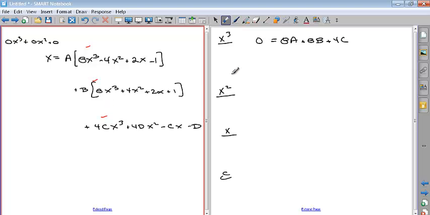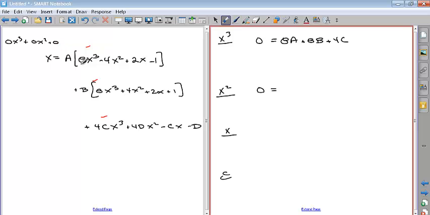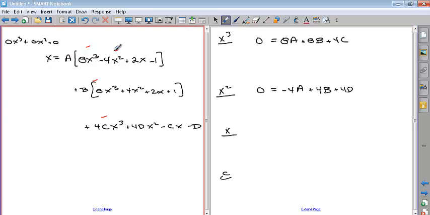For x squared, we have 0x squared on the left, and on the right we're going to have negative 4a, plus 4b, plus 4d. So that takes care of that one, that one, that one.